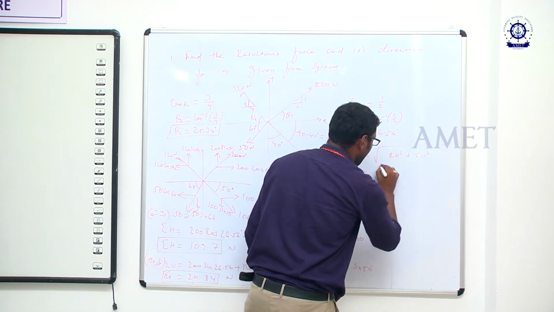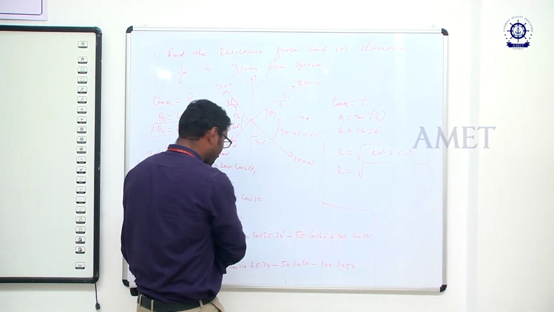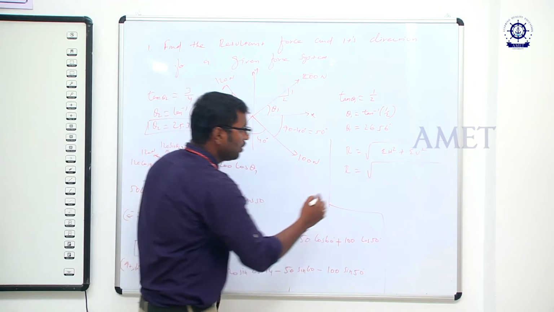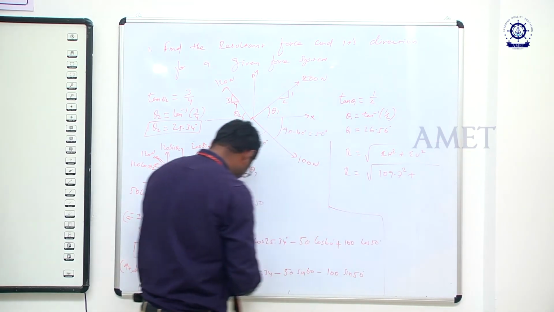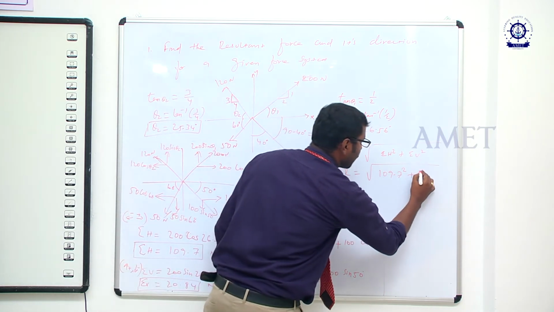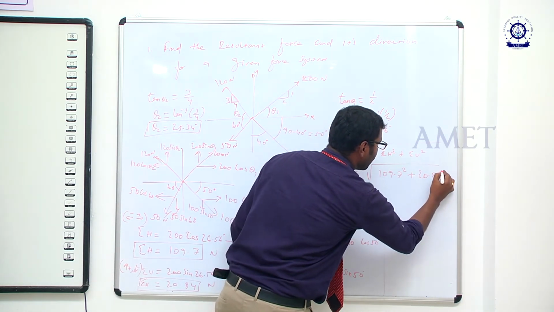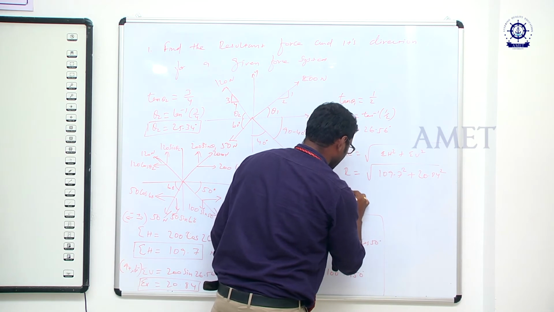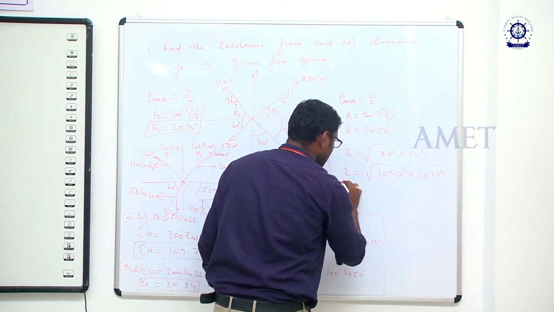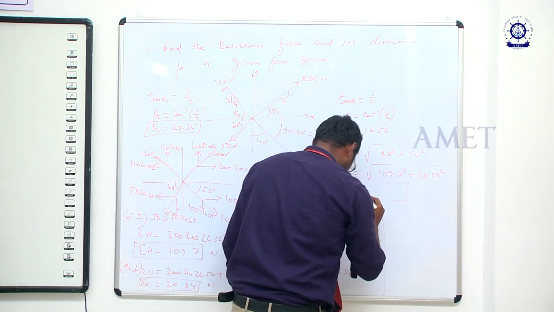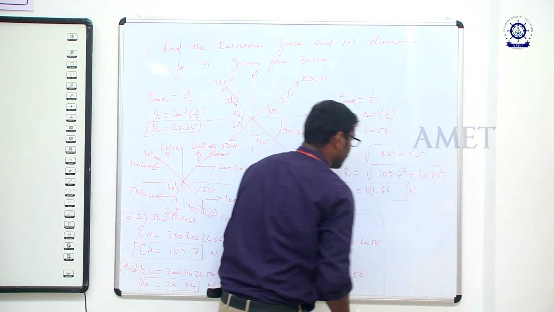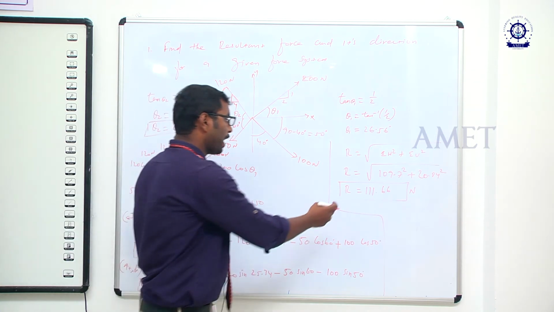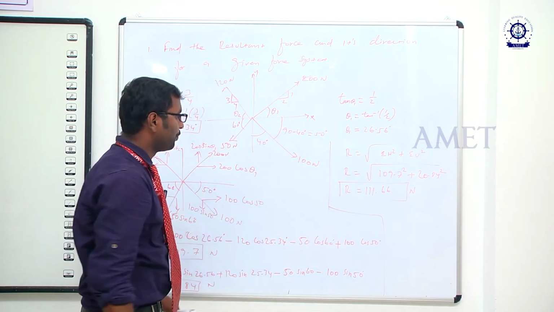Summation of H is 109.7 Newton. So 109.7 square plus vertical component 20.84 square. While calculating this, the resultant force is 111.66 Newton. This is the magnitude of the resultant force.